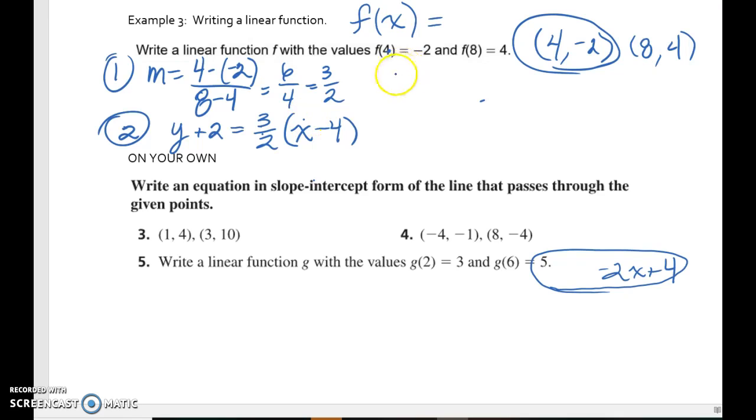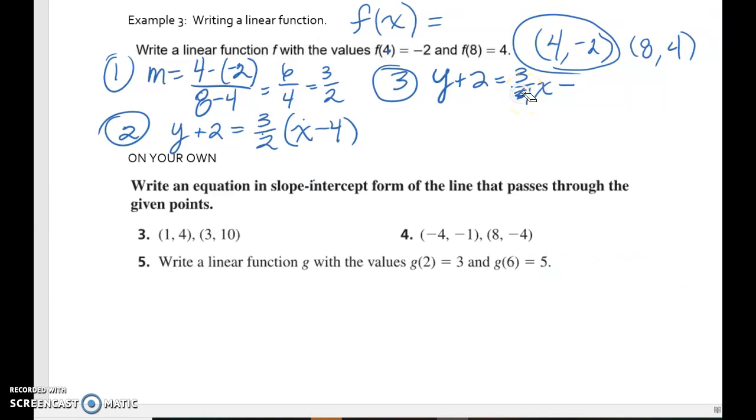And I'm going to distribute in step 3. So y plus 2, and then 3/4 times x. And then when you distribute here, 3/4, sorry, oh, I just wrote that wrong. I realized that, so I got to fix that. It's not 3/4, it's 3/2. Okay, so let me fix that real quick. So that should be a 2. And then 3/2 x.